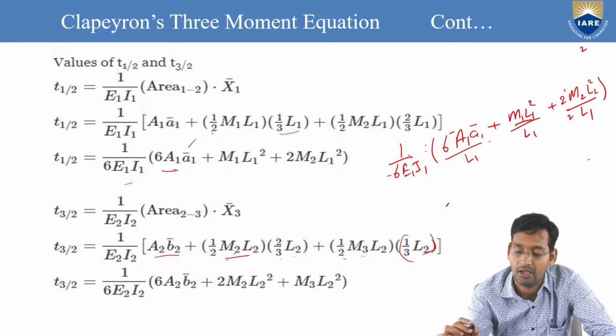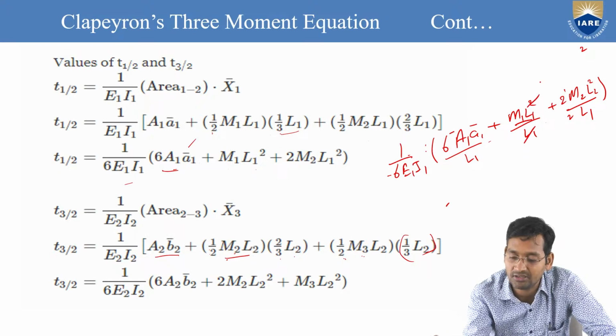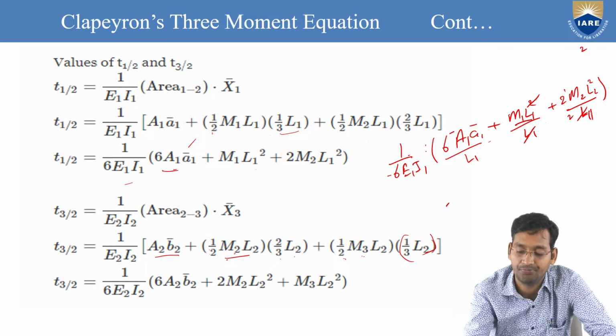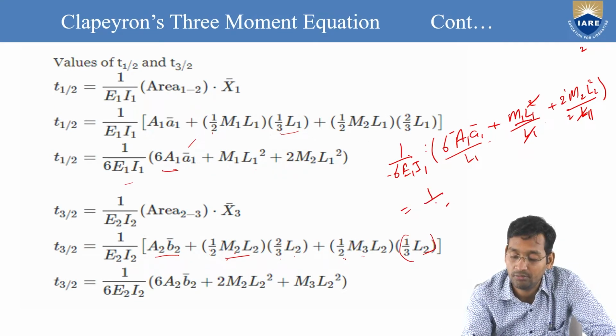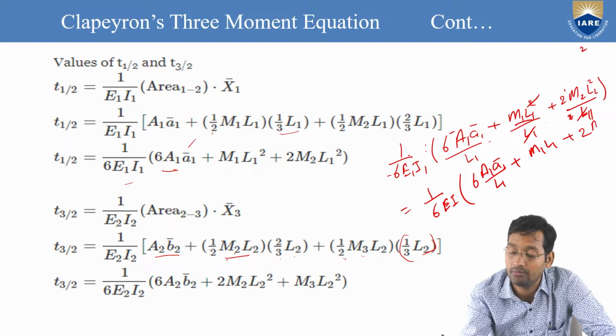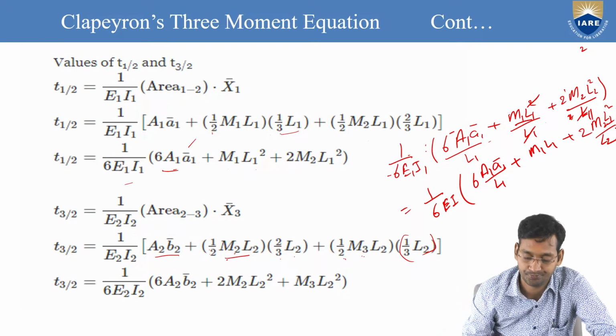Right, now this L1 and this will get cancelled. Again L1, right? Here we cannot cancel because L2 is there. So L1. So with this what we will get? 1 by 6 E1 I1, 6 small a1 average by L1 plus M1 L1 plus 2, this we cannot cancel, M2 L1 square by L2.